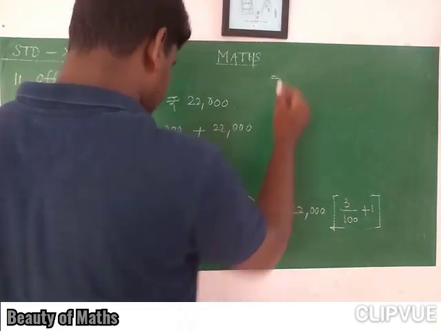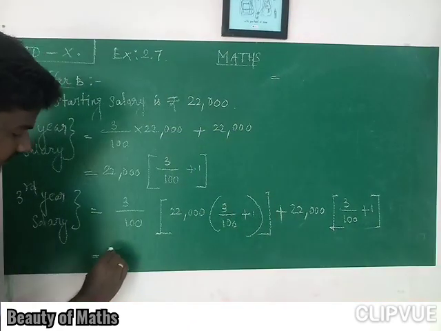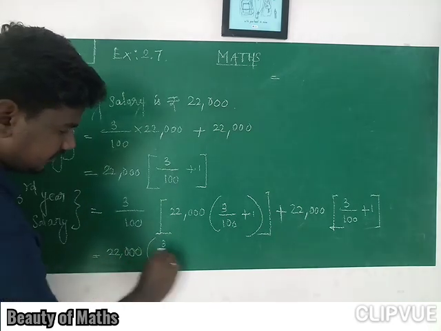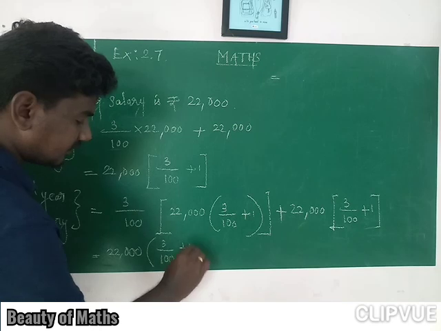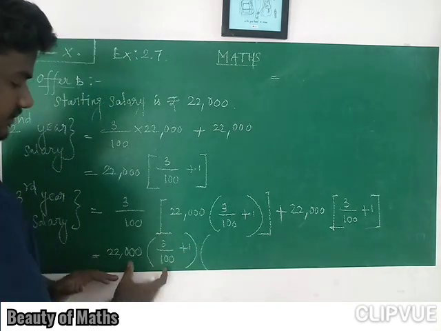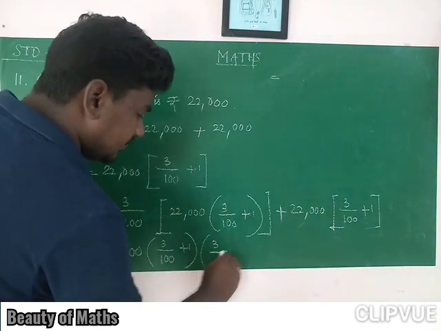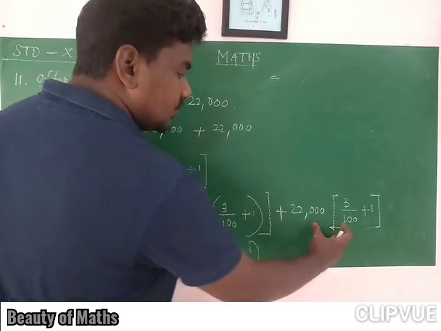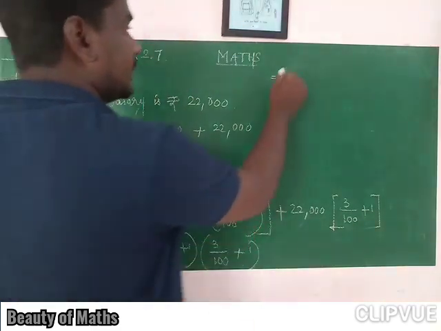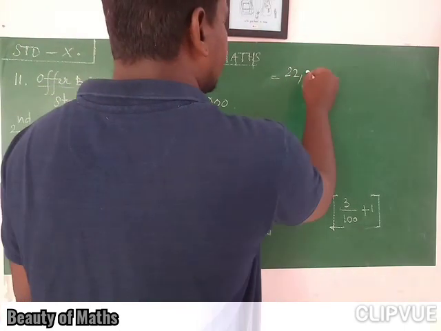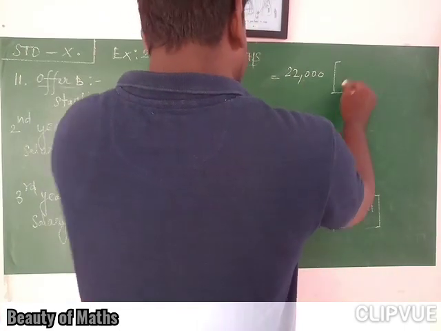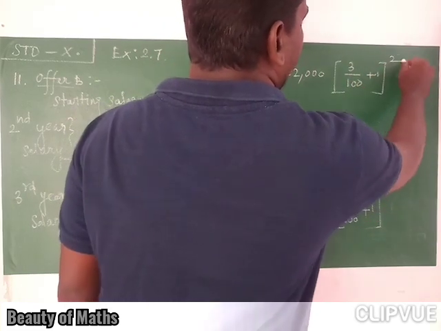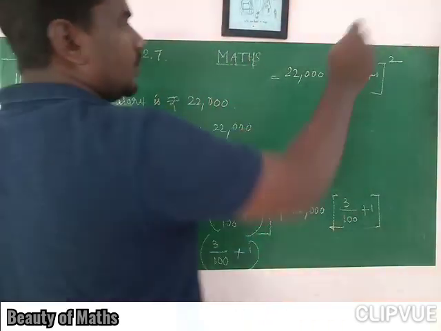If you take that out, what do we have? 22,000 of 3 by 100 plus 1 is a common factor, so here 3 by 100 will be there plus 1. Actually we took out this, so plus 1 will be there. So how can we write it? 22,000 of 3 by 100 plus 1 whole power 2. It occurs 2 times, so whole square.